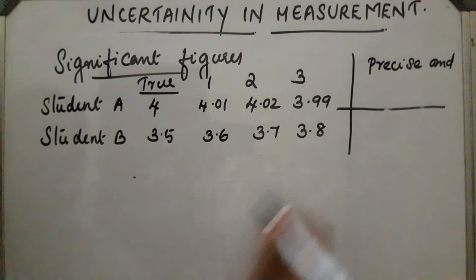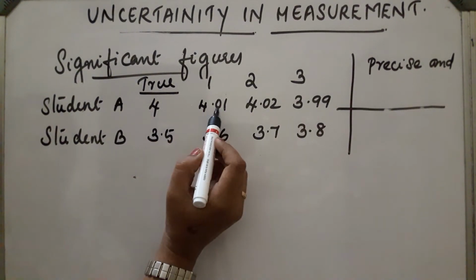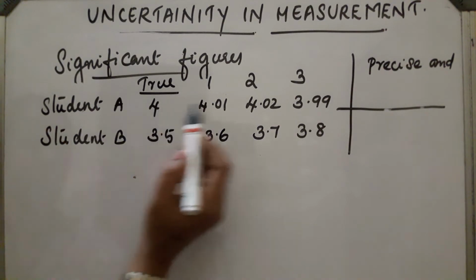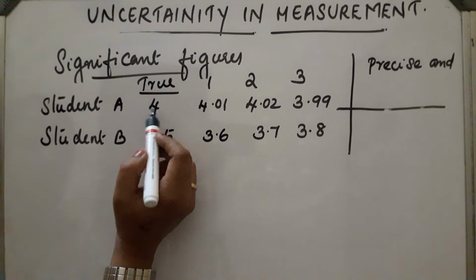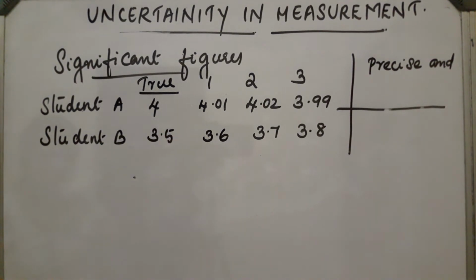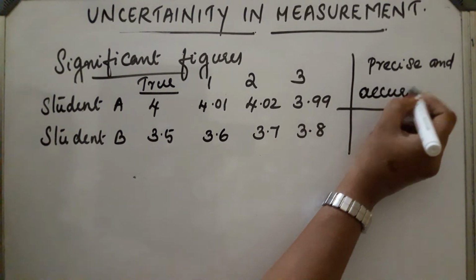And what about accuracy? 4.01 is very close to 4, 4.02 is also very close to 4, and 3.99 is also very close to 4. That means these values are accurate also.